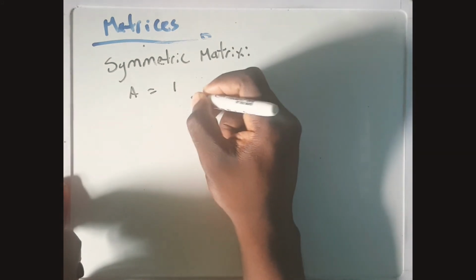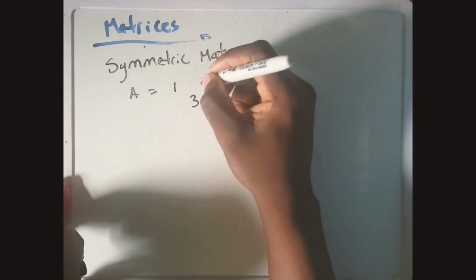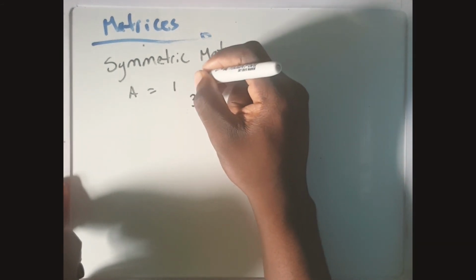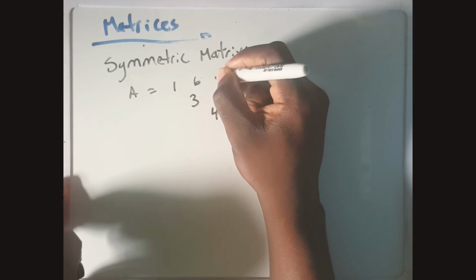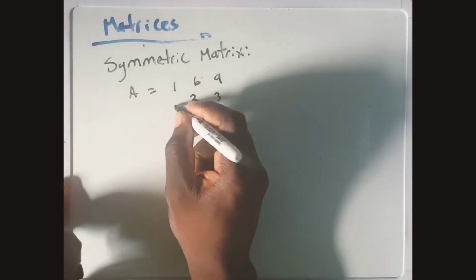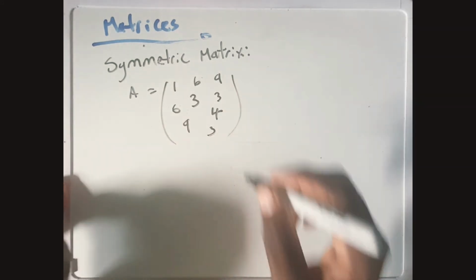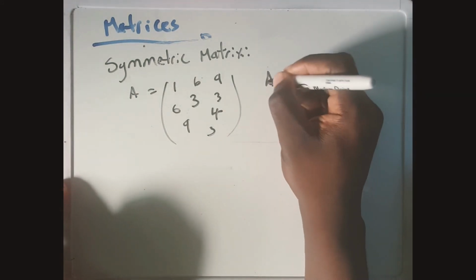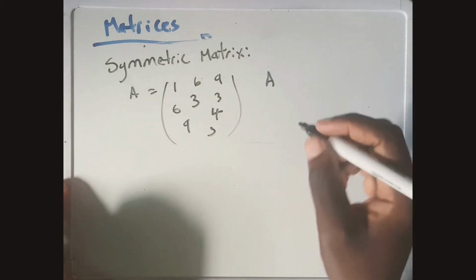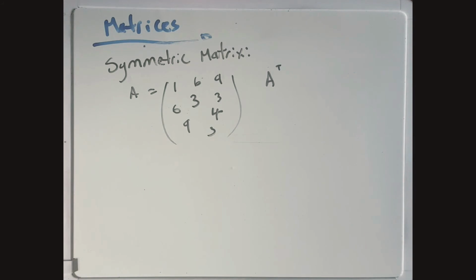I have 1, 3, 4, and I have 6, 9, 3, 6, 9, 3.